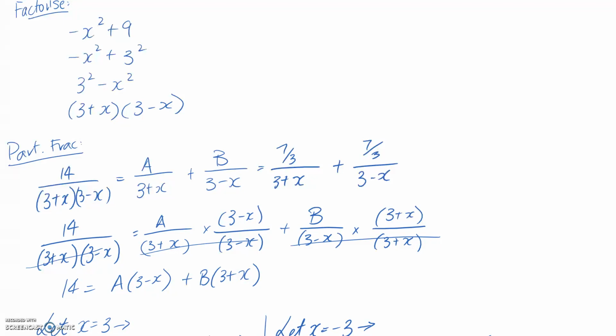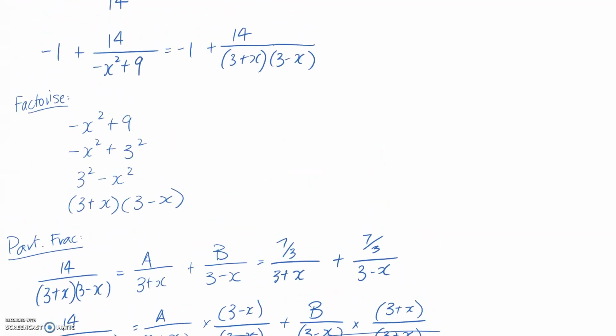Alright, so our last step is to actually try and integrate stuff. So we know we've got this that we need to integrate, and we can rewrite this in terms of these partial fractions instead. So negative 1 plus 7 on 3 over x plus 3, and 7 on 3 over 3 minus x.